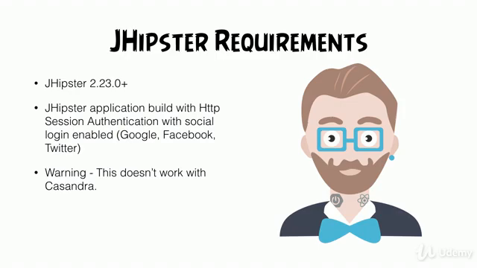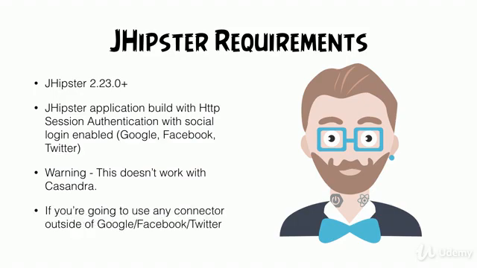Warning, this doesn't support Cassandra at the time of this recording. And again, I mentioned it, if you're going to use anything outside of Google, Facebook, and Twitter, there might be a little bit more configuring for you. I'm going to go ahead and add a link to that document, but again, it walks you step by step.